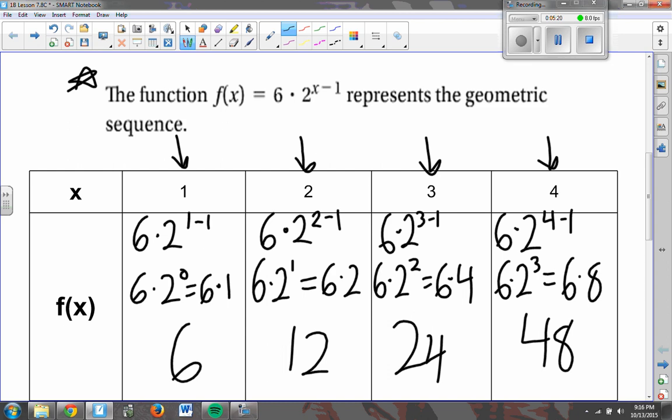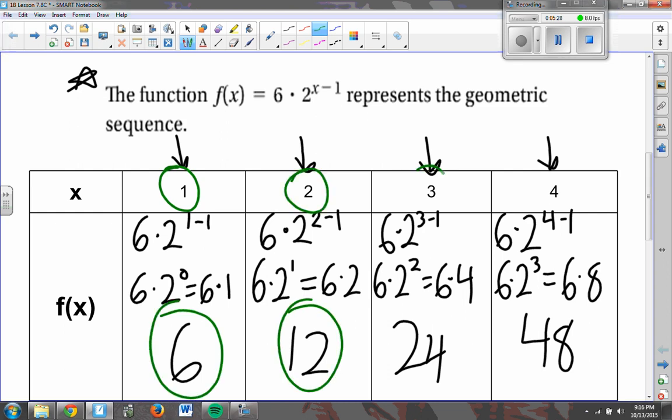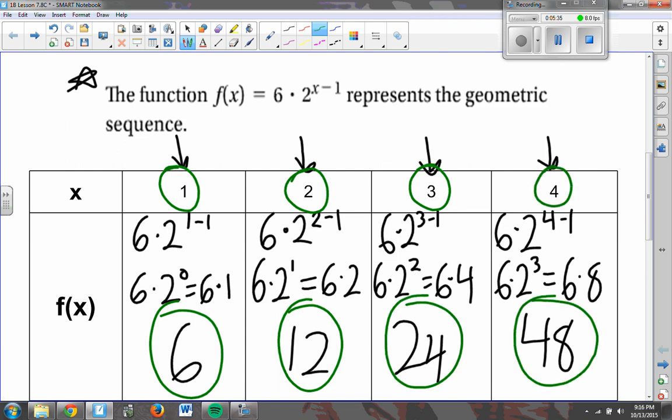So now I've got these coordinate points: an x value and a y value, four times. I'm going to plot those 4 points and connect them as an exponential function.